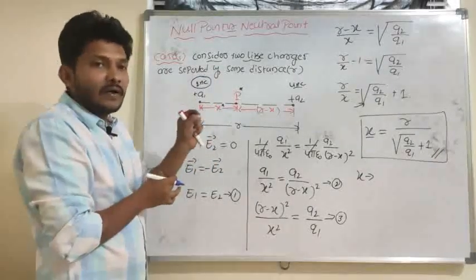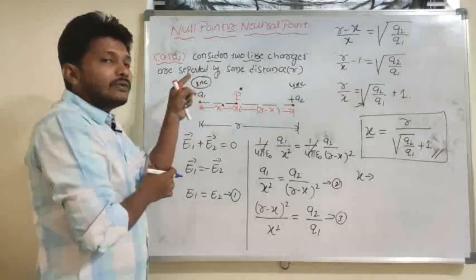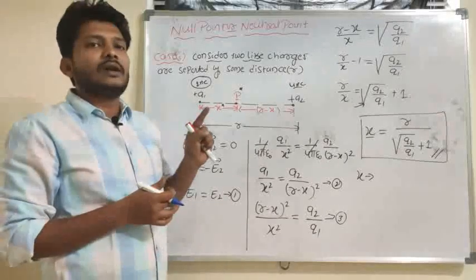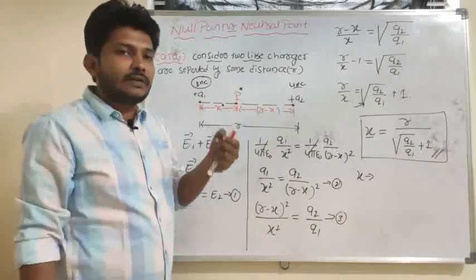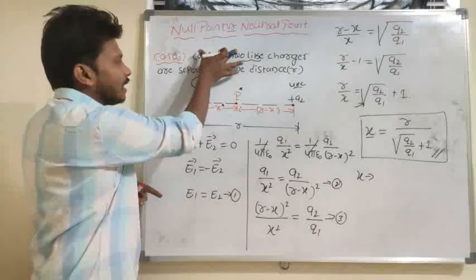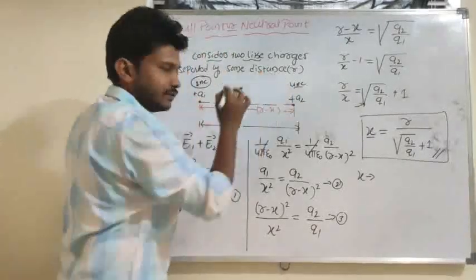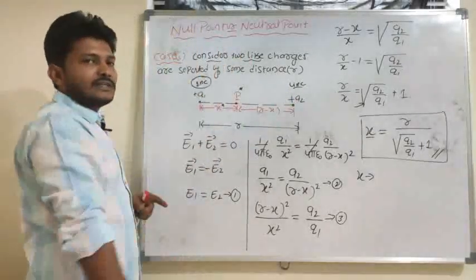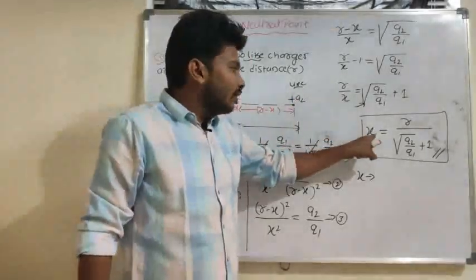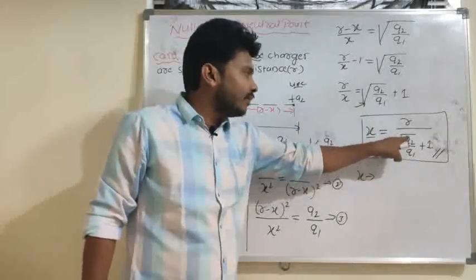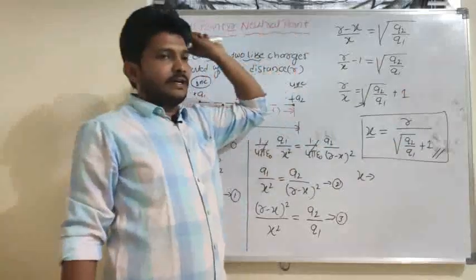Because the neutral point exists closer to the smaller magnitude of the charge. This case is applicable for like charges. If these two charges are positive or both negative, the formula to determine the null point is x is equal to r divided by square root of Q2 by Q1 plus 1.